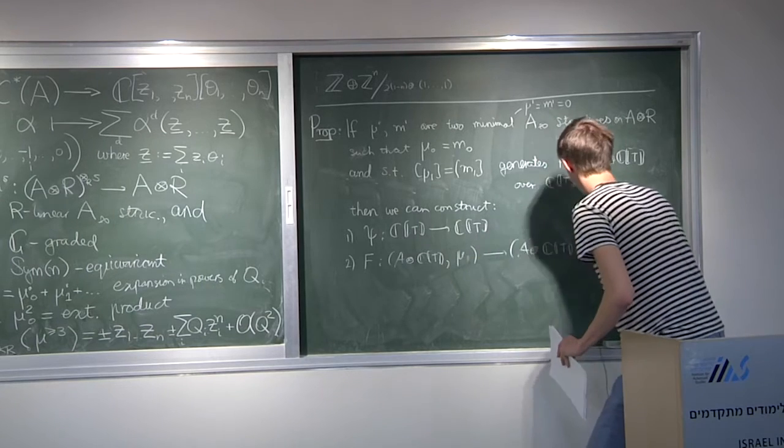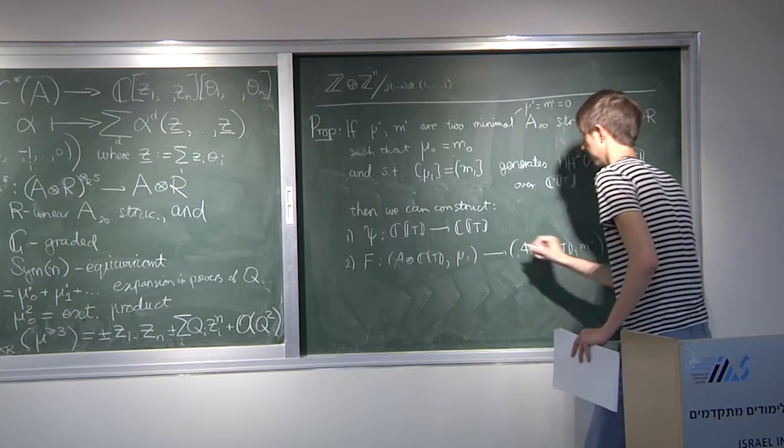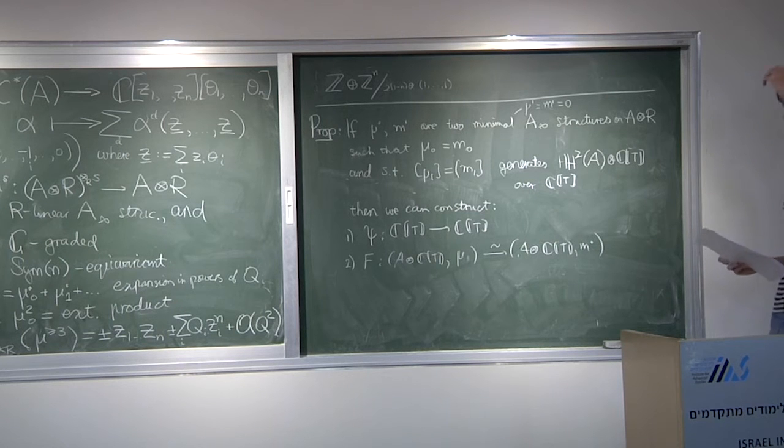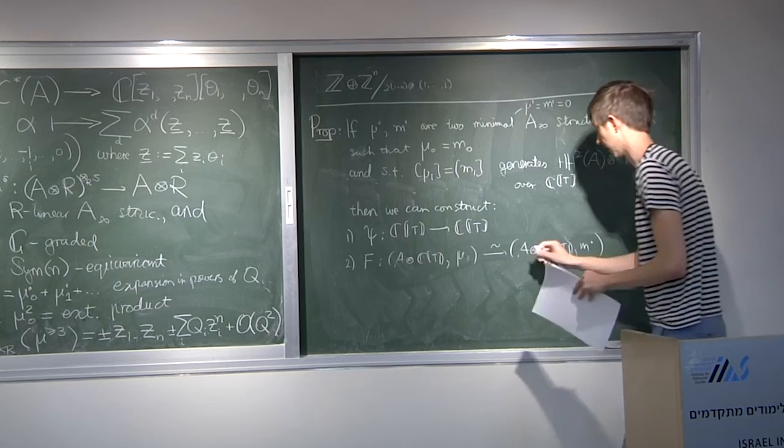Sorry, not mu naught. Then we can construct this psi and this A infinity functor between these two guys, an A infinity morphism.